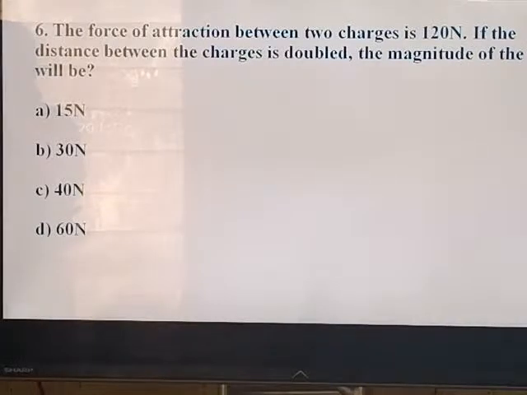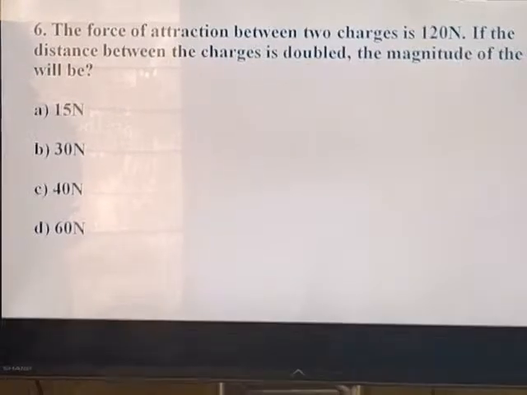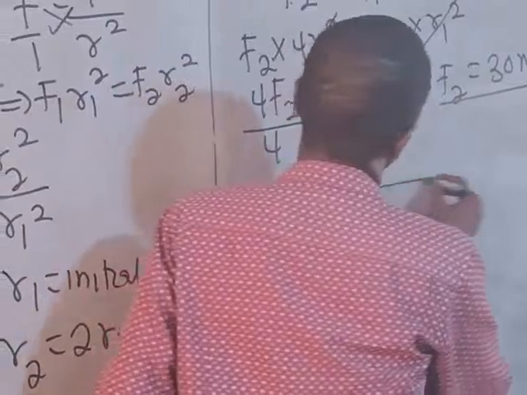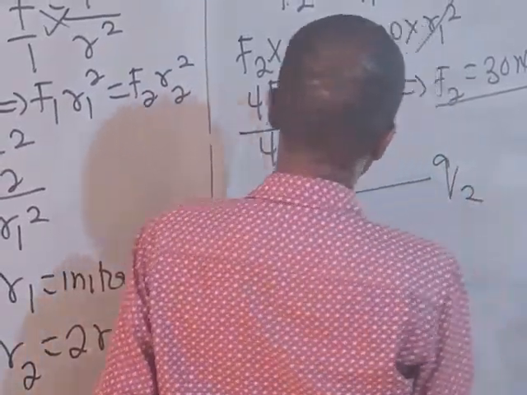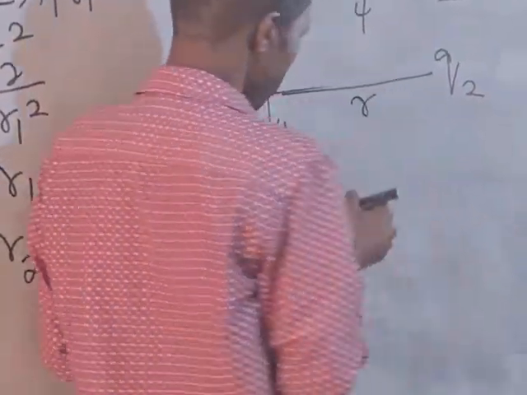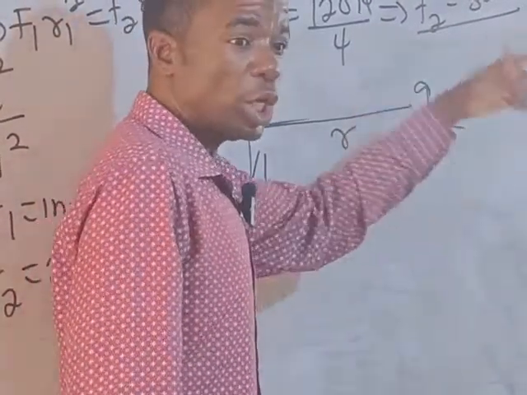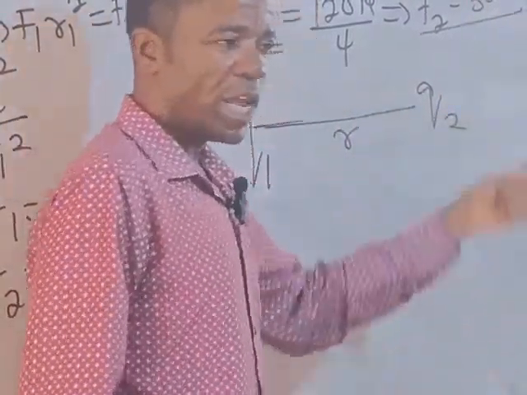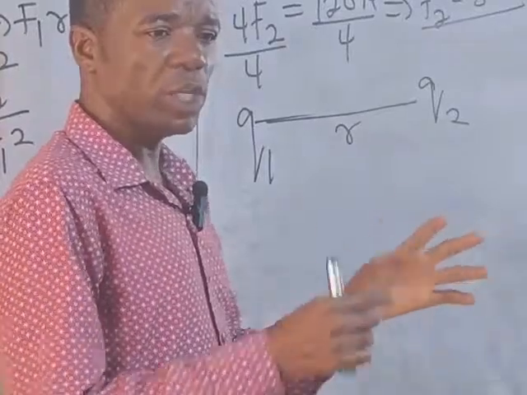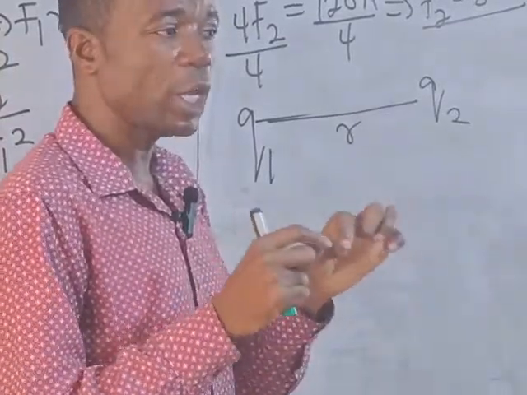So don't forget, at times, instead of giving you values like this, they can ask the question in different ways. If you have two charges, let's say Q1 and Q2, and the distance between them is R, whenever the distance between the two charges is doubled, the force of attraction between them is going to be reduced by a quarter.